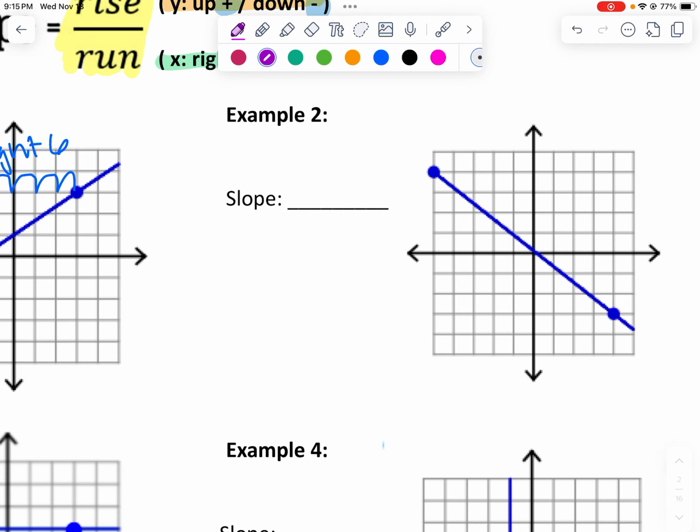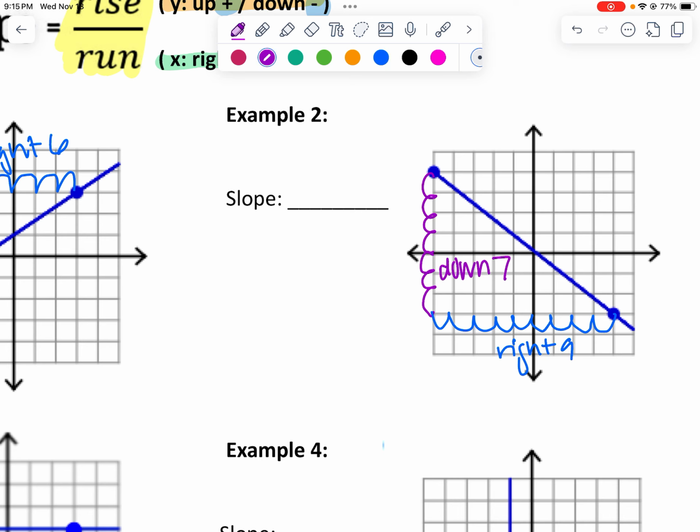This time I'm going to start with my first point over here. And instead of going up, we're going to go down. So I'm going to go down 1, 2, 3, 4, 5, 6, 7. So again, I'm going down 7. And then I'm going to go right 1, 2, 3, 4, 5, 6, 7, 8, 9.